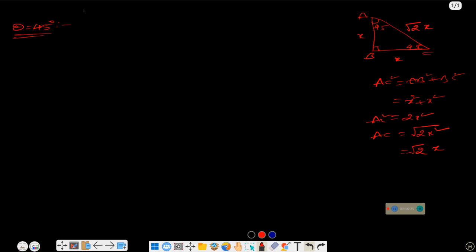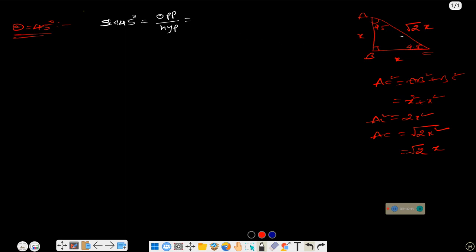Now find out values at theta is equal to 45. What is the first ratio? Sin theta. That means sin 45 degrees. What is the sin formula? We know already, opposite by hypotenuse. For 45, opposite you can take either at C or at A, because both are 45s only.